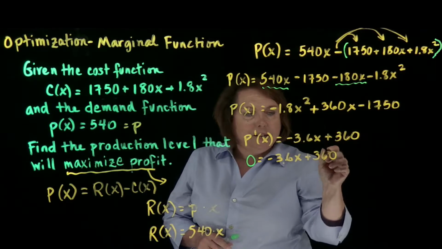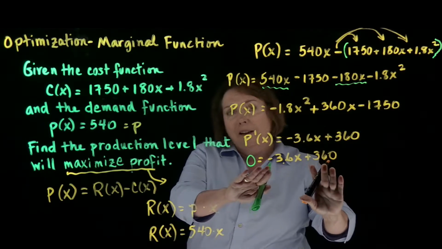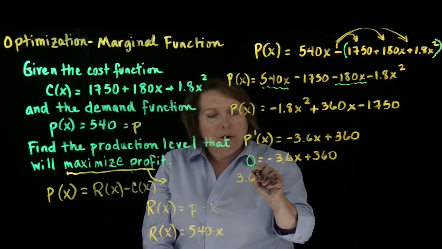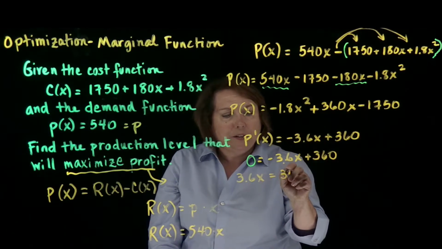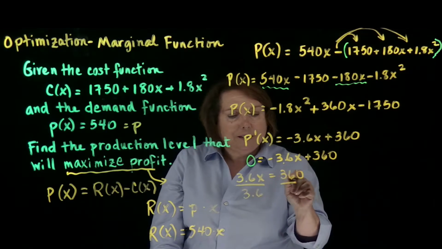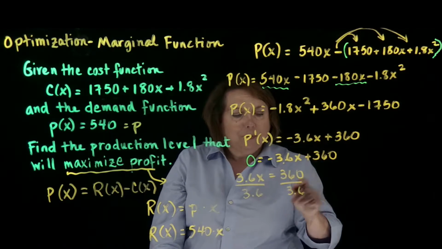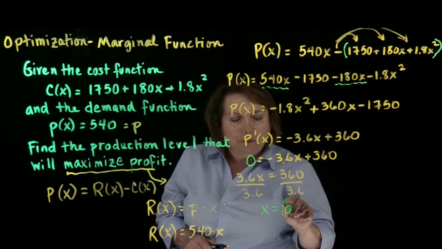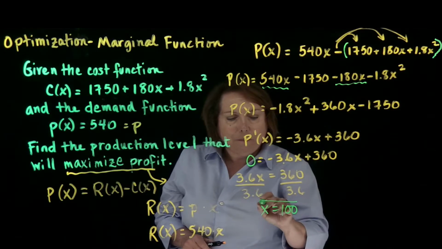Let's add 3.6x to both sides. So we have 3.6x is equal to 360. Divide both sides by 3.6, and we'll get here that x is equal to 100.